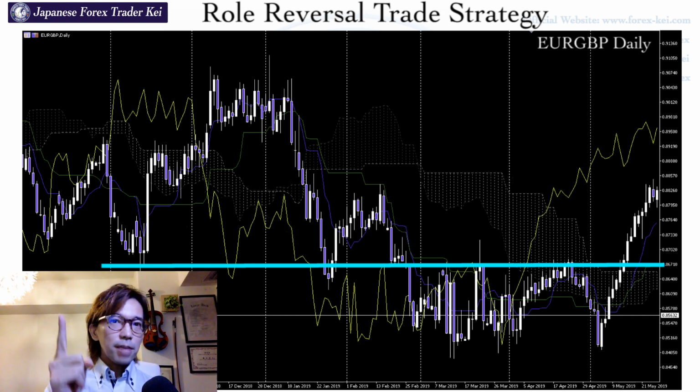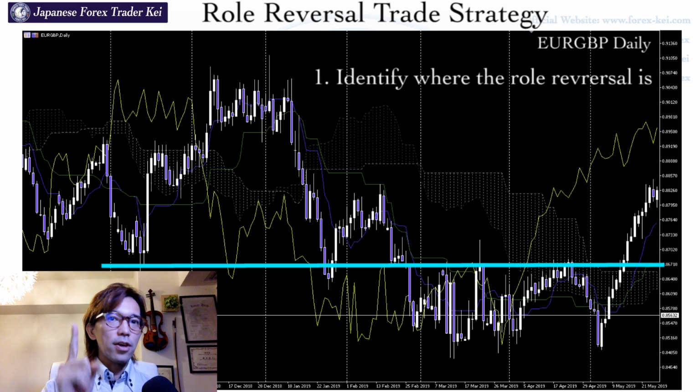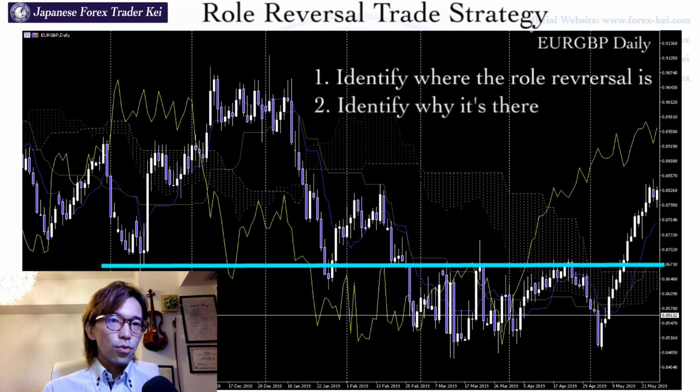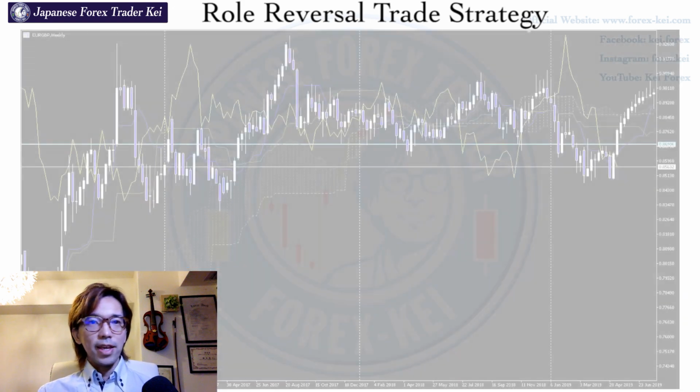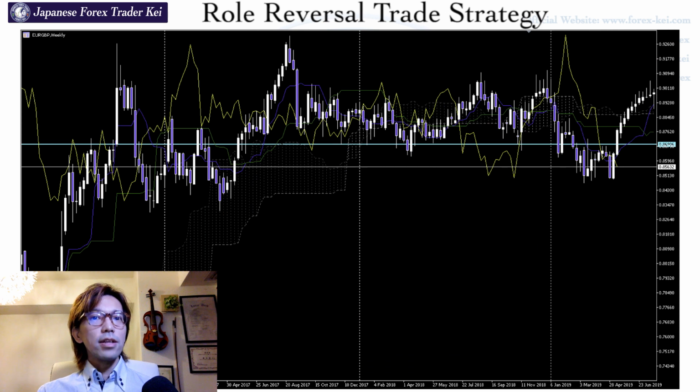So the first step is to be able to identify where the role reversal is happening on the market. And when you find this, the next thing you can do is to identify the reason why it's been working at this level. And usually the answer is in the bigger time frame. In fact, this is a weekly chart of the same pair, Euro Pound, and look at the blue line here.